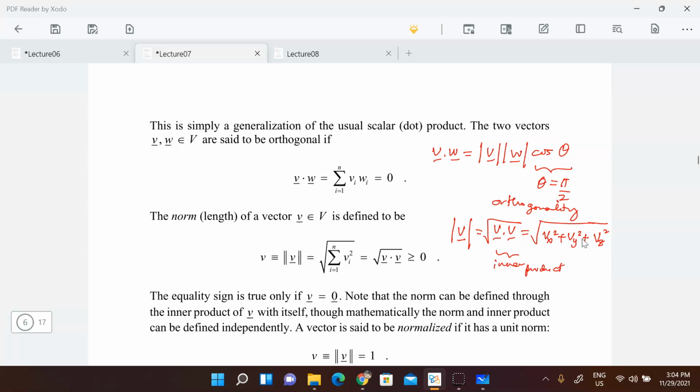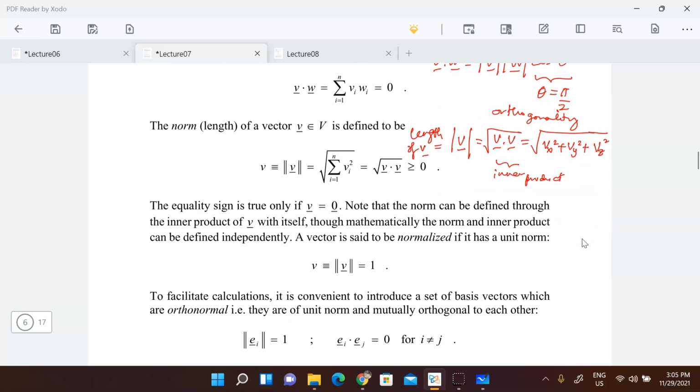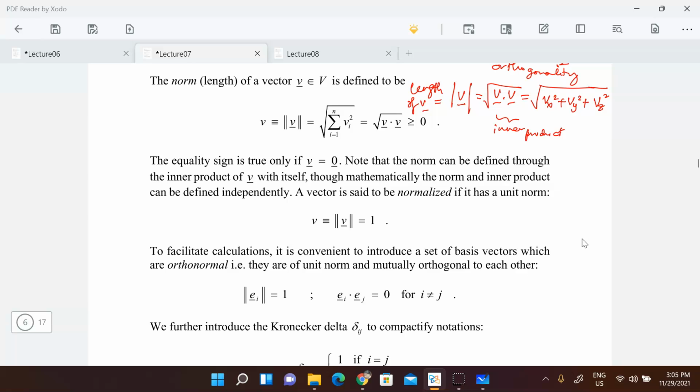And one can always divide a vector by its length, which is actually the norm in a much more technical language of maths, the norm of v. One can always normalize your vector v so that the norm is always unit by just doing this. You take the vector itself.